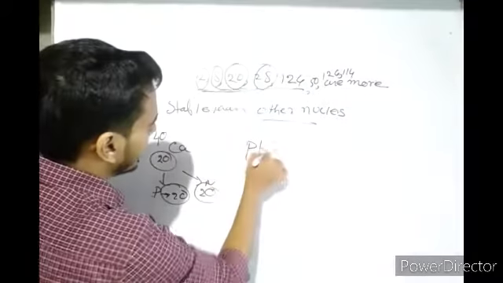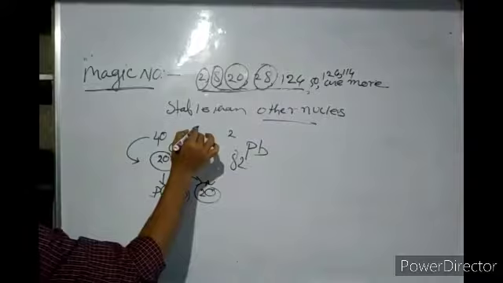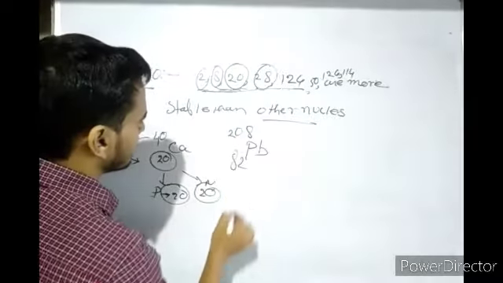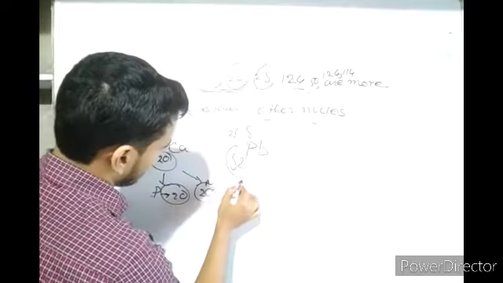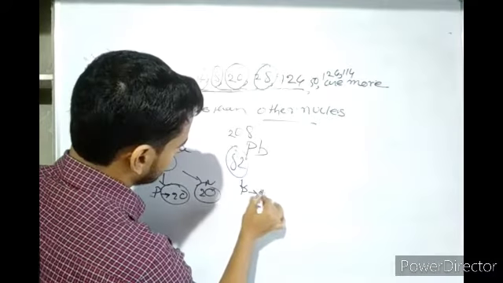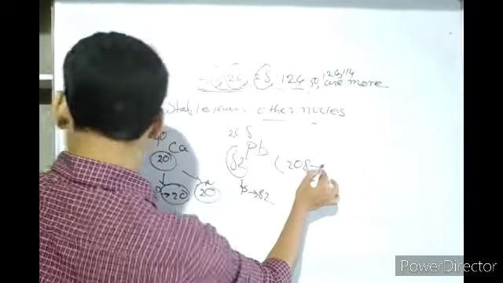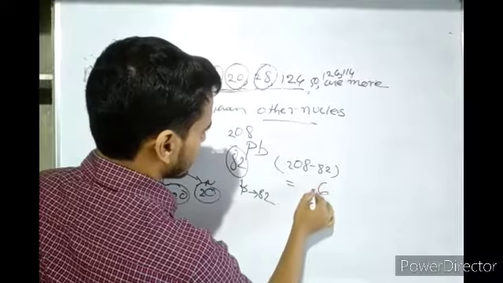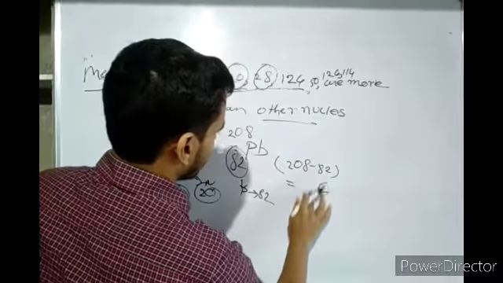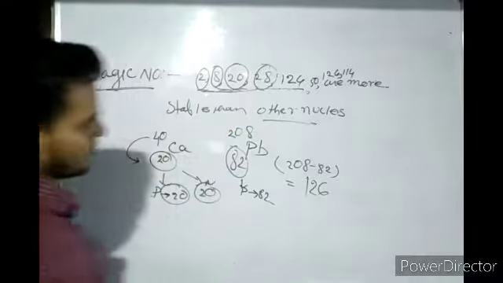Lead 82-208. Here the proton number is 82. The neutron number is 208 minus 82, which is 126.